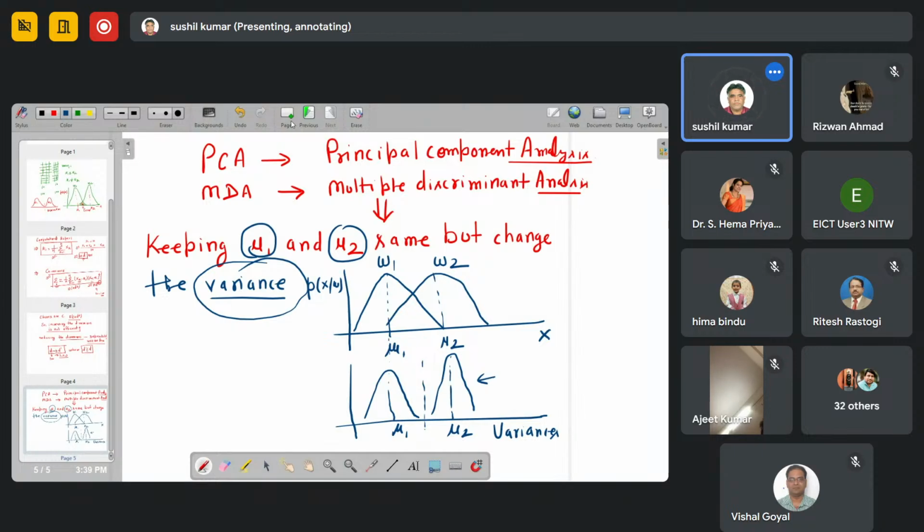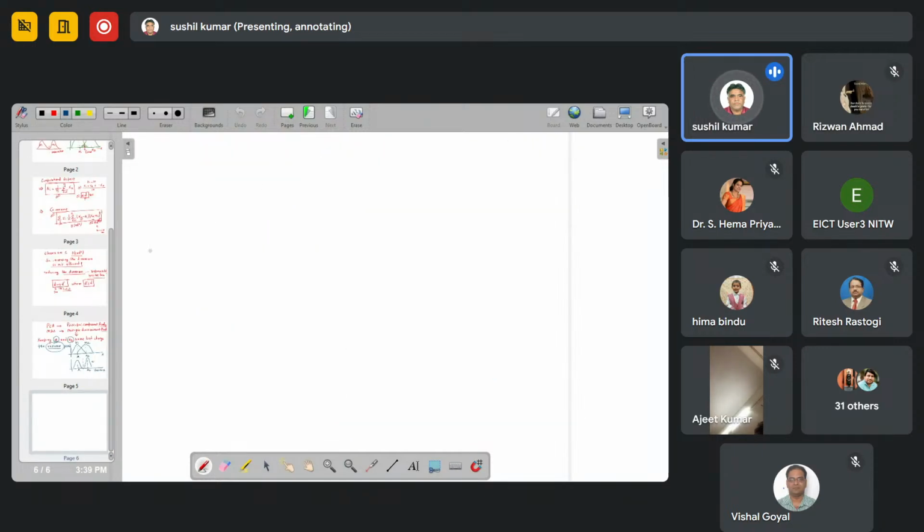So let me discuss principal component analysis. Suppose in principal component analysis we have n feature vectors.